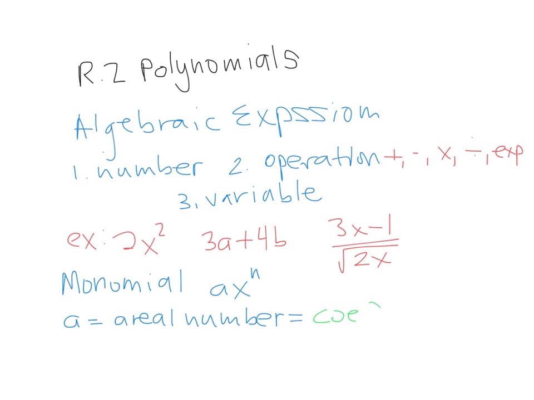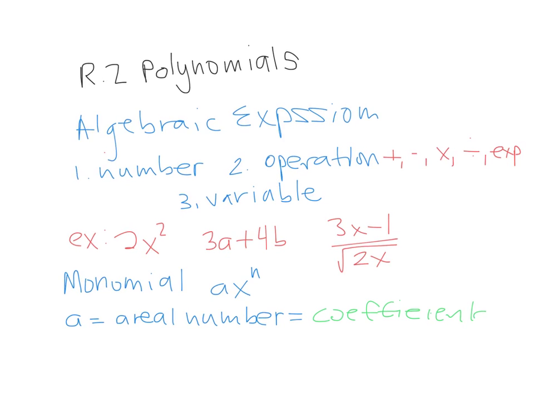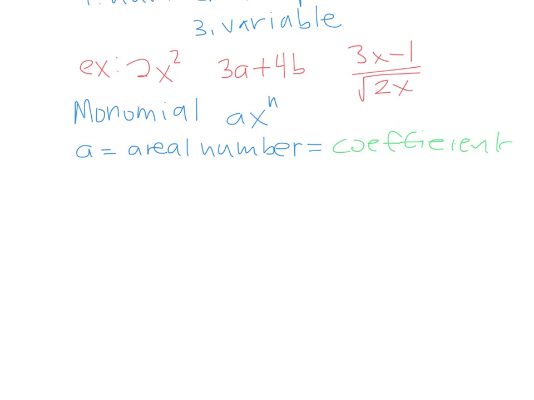It's a term to know the definition of. It is the real number multiplied in front of a variable. In this case, that variable is x. Then x is the variable. The next piece is n, and n has to be a positive integer.